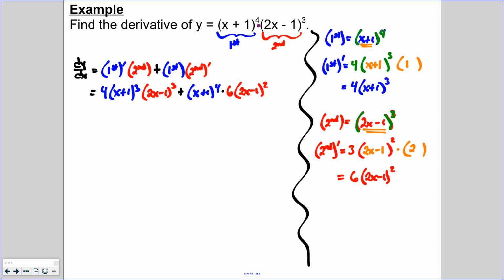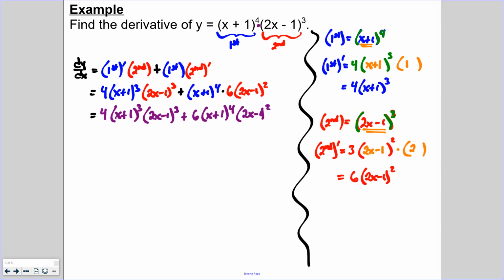Alright, so now we can just do a little bit of rearranging here to simplify this down. So we're going to get 4 times (x plus 1) cubed times (2x minus 1) cubed plus 6 times (x plus 1) to the fourth times (2x minus 1) squared. Alright, and there we have it. Product rule with the chain rule.